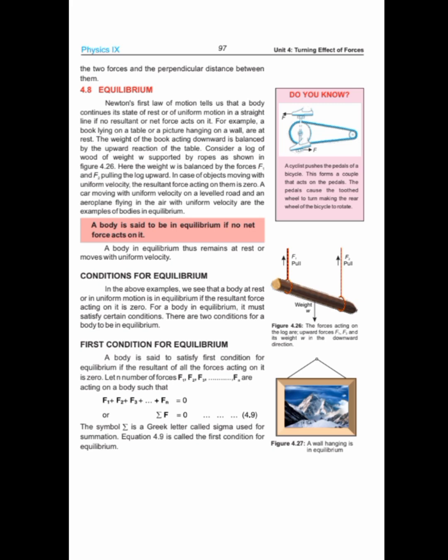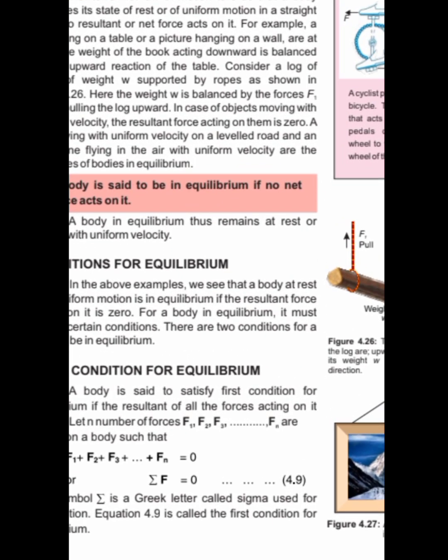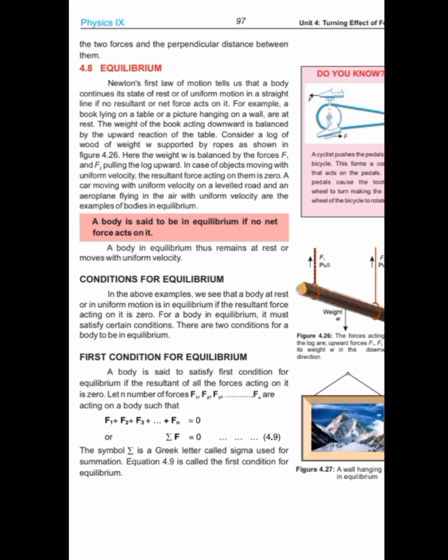First condition of equilibrium. A body is said to satisfy the first condition of equilibrium if the resultant of all the forces acting on it is zero. Let n number of forces F1, F2, F3, ..., Fn act on a body such that F1 + F2 + F3 + ... + Fn = 0, that is, ΣF = 0.